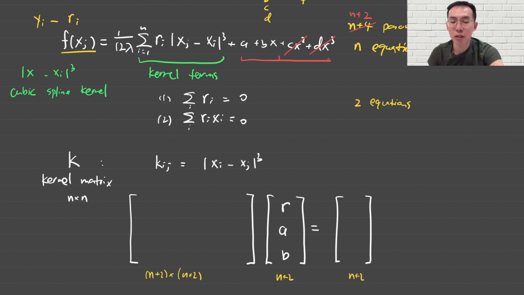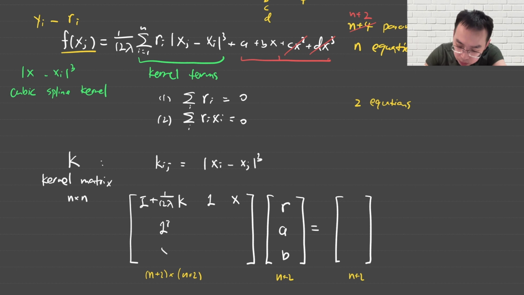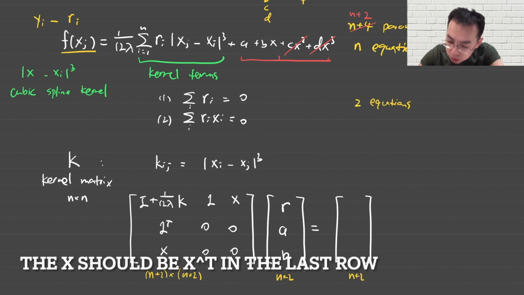Okay, so for this part, I'm just going to write it out, and you can check the math by just expanding this block matrix. It shouldn't be very hard. So it's going to be I plus 1 over 12 lambda K, and then I have a 1 and x, and then I have a 1 transpose and x transpose, and 0, 0, 0, 0. So here we have y, 0, 0.